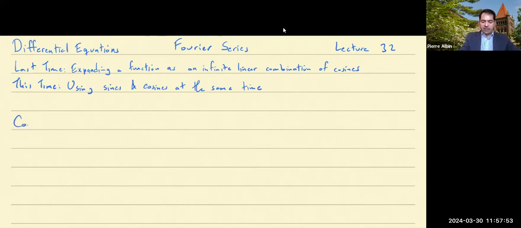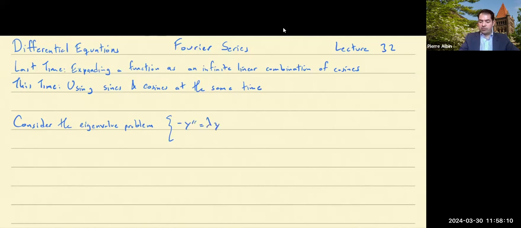So consider the eigenvalue problem, where we're going to have minus y double prime equals lambda y.